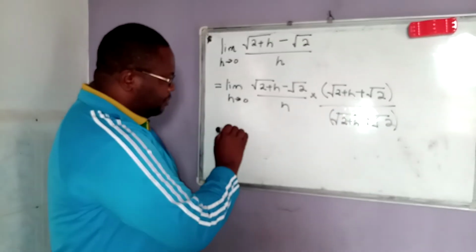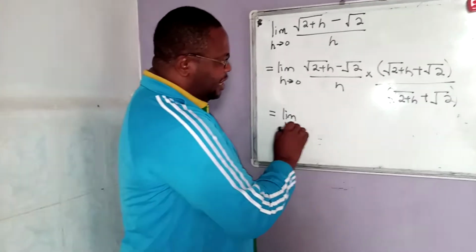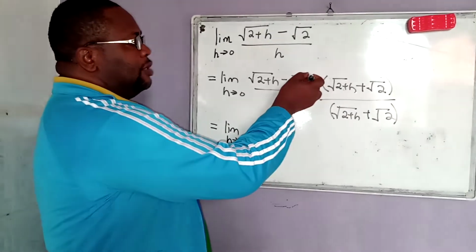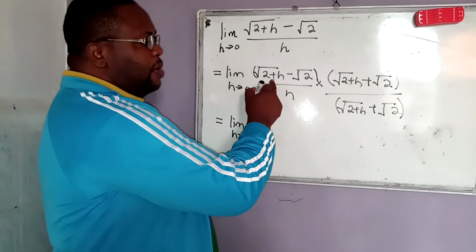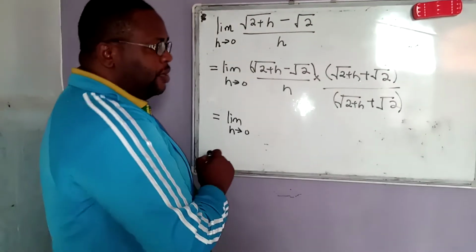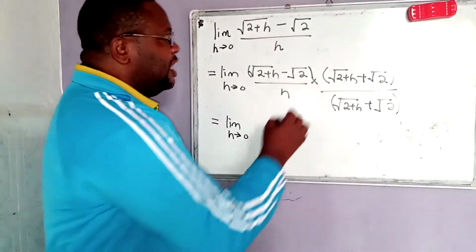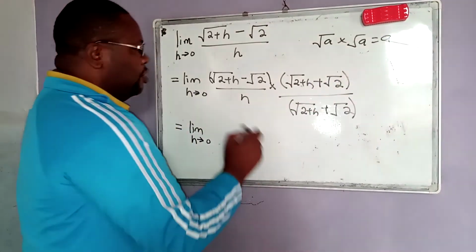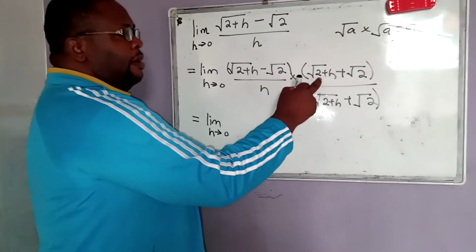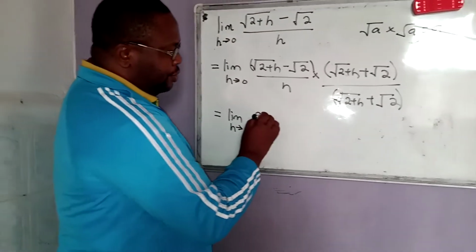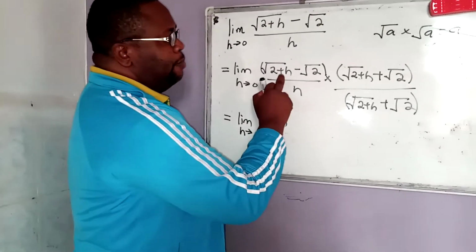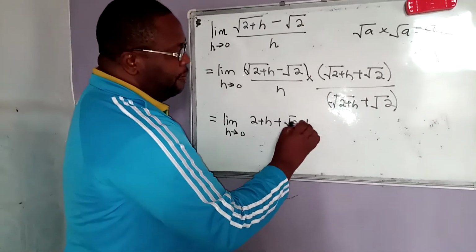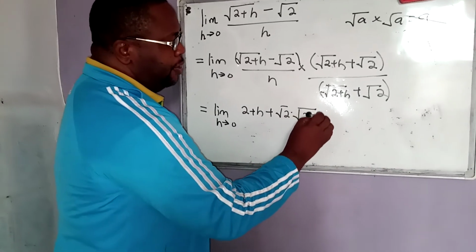the limit as h tends towards 0. Now notice something, we are going to expand these two brackets. Square root of 2 plus h times square root of 2 plus h is simply going to give me 2 plus h, because we know that the square root of anything multiplied by that same thing will simply give us the thing. Then this multiplied by root 2 gives plus square root of 2 multiplied by square root of 2 plus h.